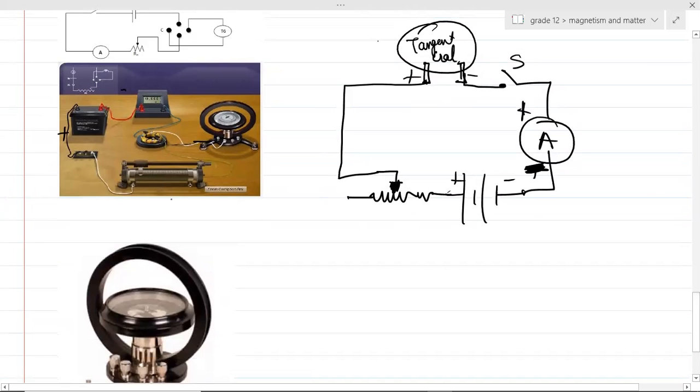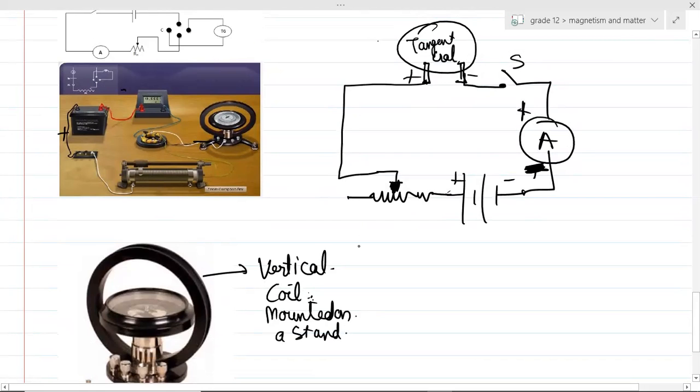So, guys, everyone can see there is this vertical stand. There is this vertical coil, and this coil is mounted on a stand. This vertical coil contains several turns of copper.